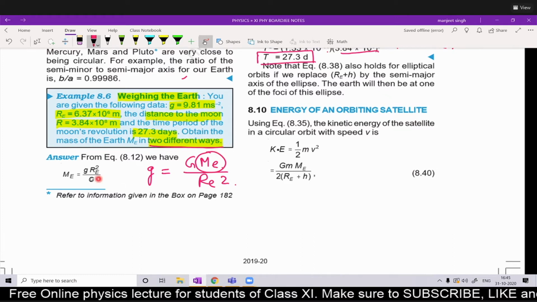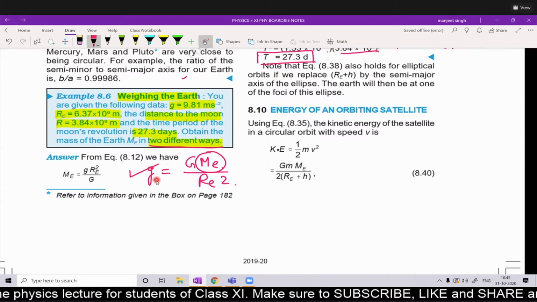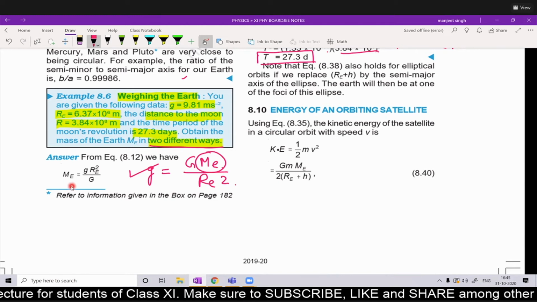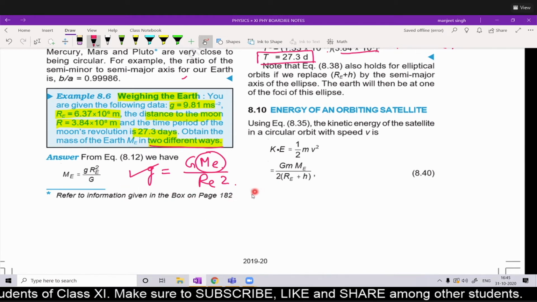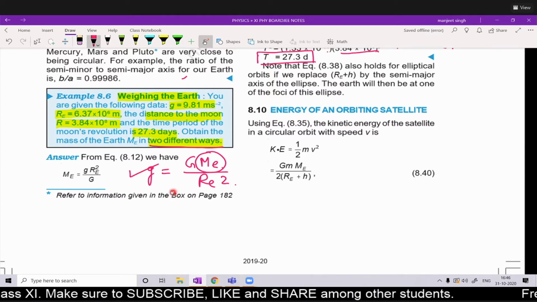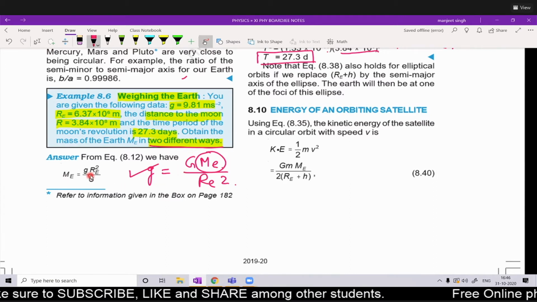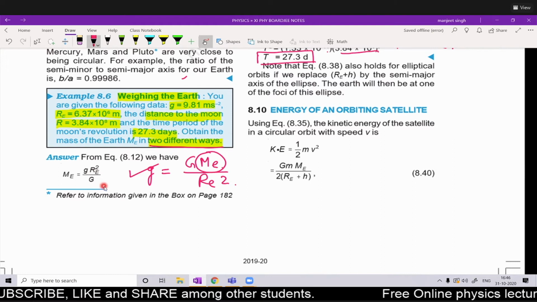So one way is, let us use this expression g = GM_E/R_E². From that we can calculate the mass of the Earth, because g you know, R_E you know, and capital G also you know.